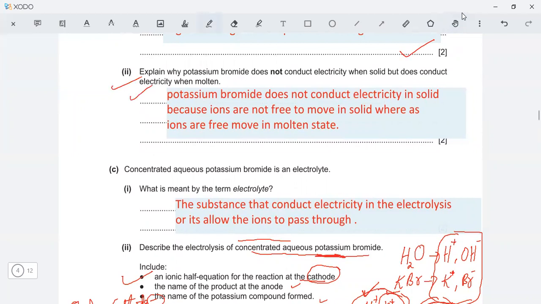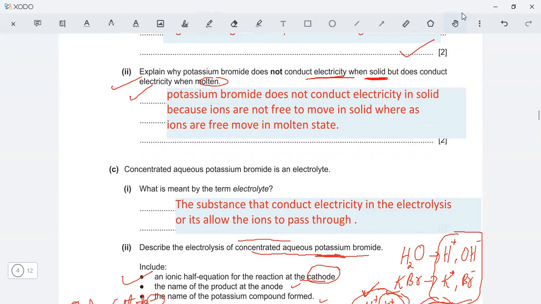Now the second one: explain why potassium bromide does not conduct electricity when solid but does conduct electricity when molten. It is a very easy question for you, right? Molten is a semi-liquid form. I like to express these answers in few words. Remember one thing: in the solid state, the ions are not available to move.